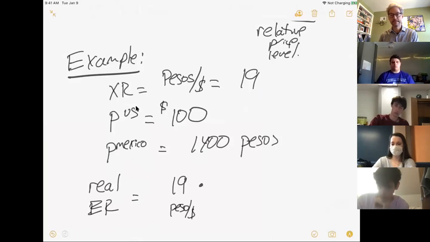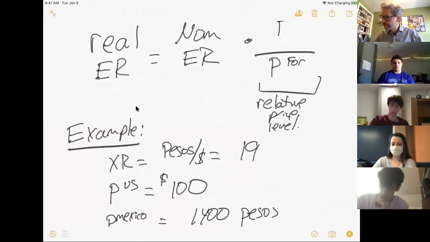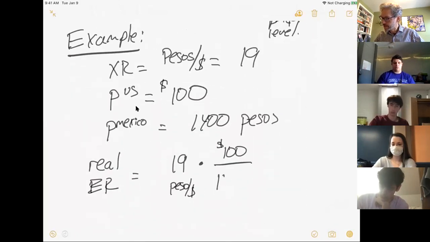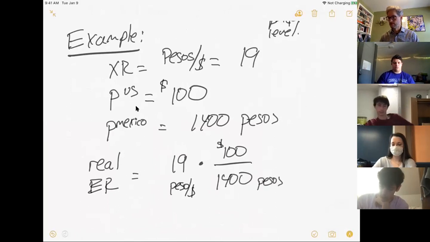The real exchange rate is the nominal exchange rate, meaning 19 pesos per dollar, divided by that ratio of prices in the US to prices in pesos.